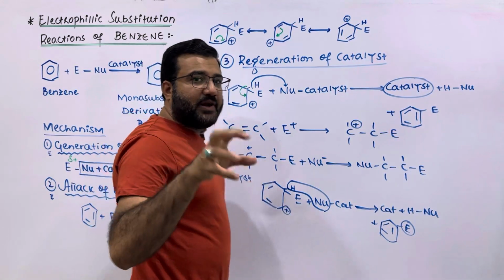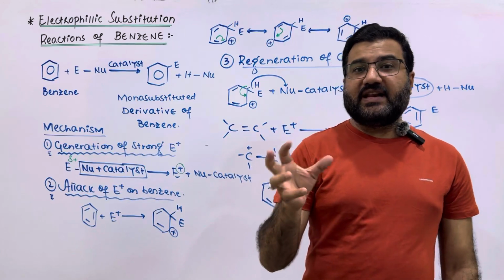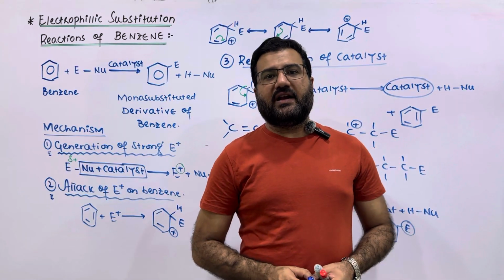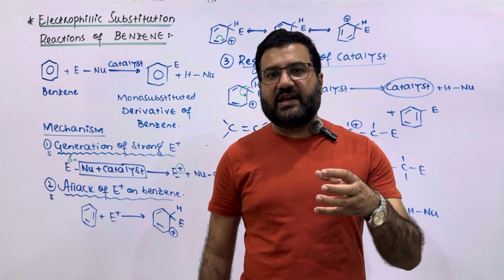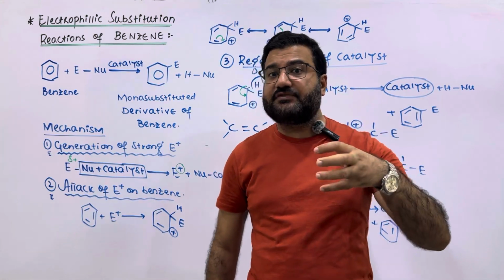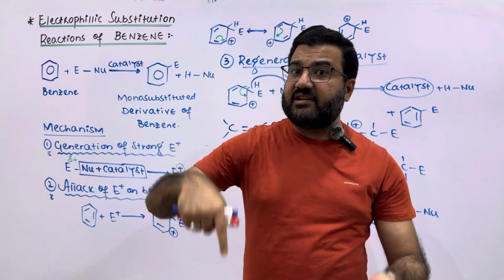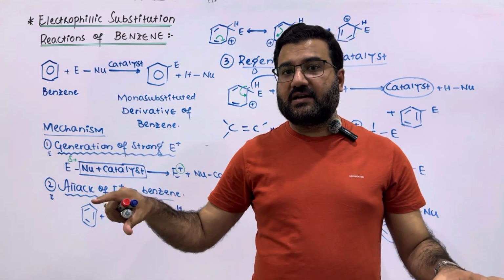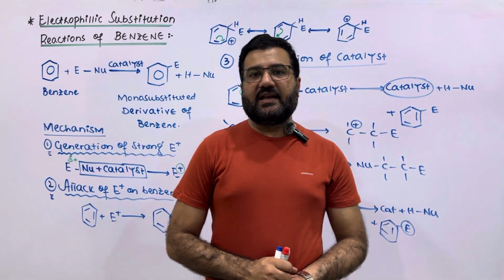So benzene prefers electrophilic substitution reaction over electrophilic addition reactions, because during electrophilic substitution reactions, the aromaticity of the benzene remains intact, but during electrophilic addition reactions, the pi bonds are completely vanished and the aromaticity of the benzene is lost.